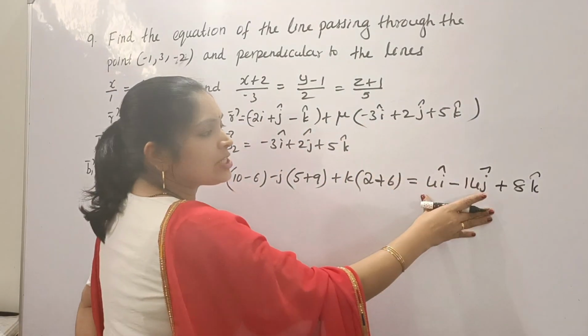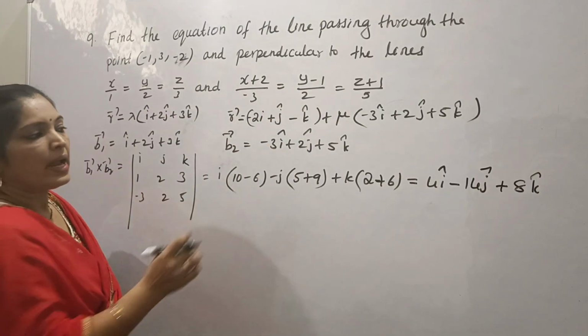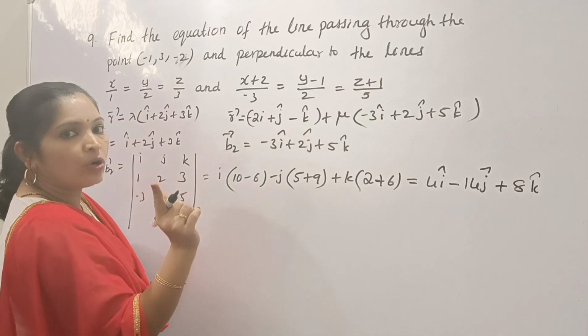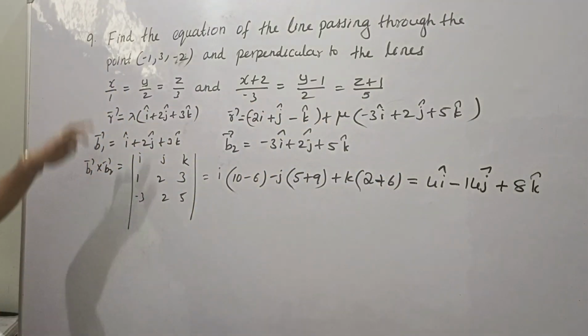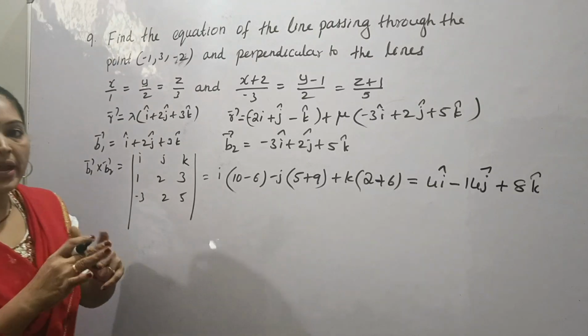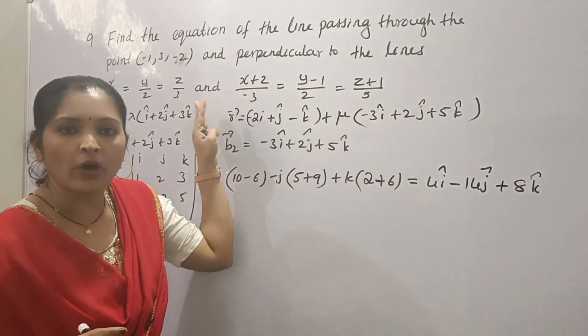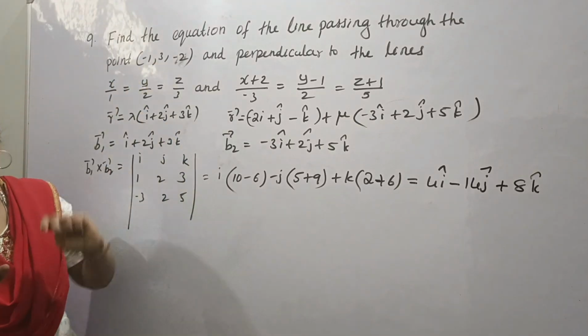See, it is the vector perpendicular to both of these vectors. Therefore, it is perpendicular to both of these lines. Here what do we have to find? We have to find the equation of the line which is perpendicular to both of these lines and passes through the point minus 1, 3, minus 2.